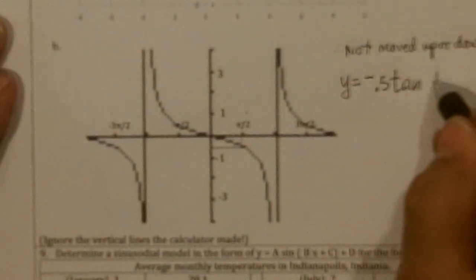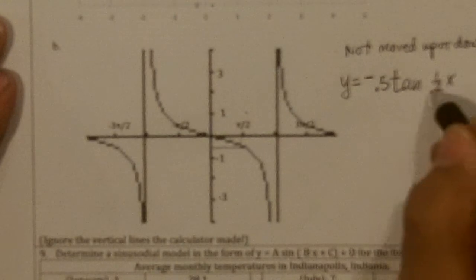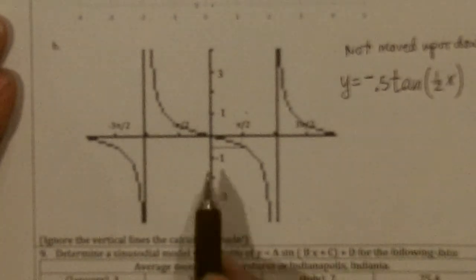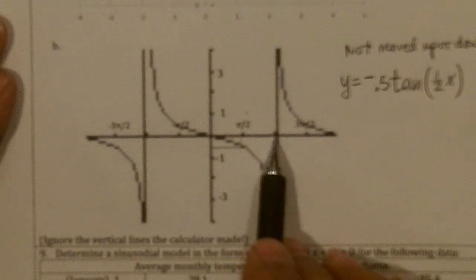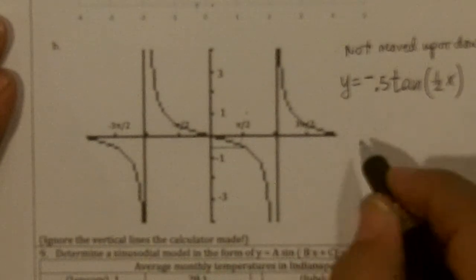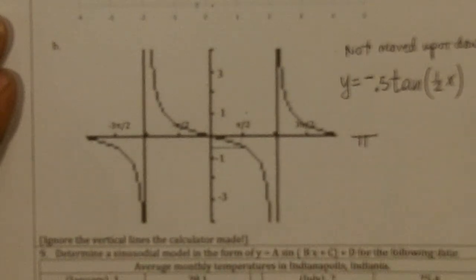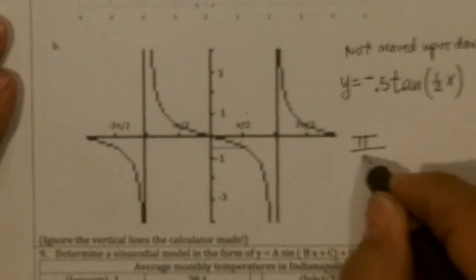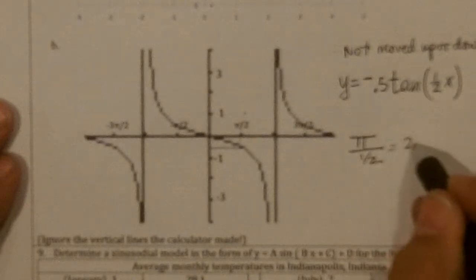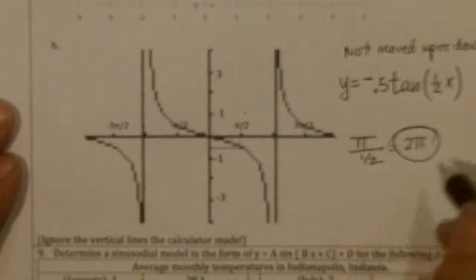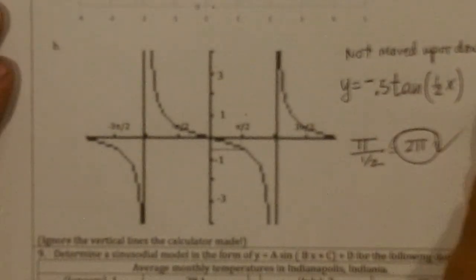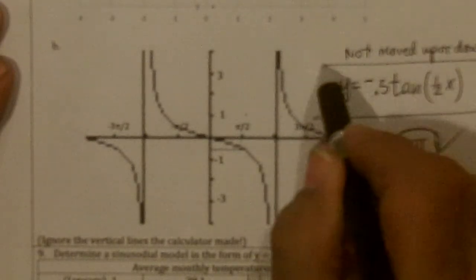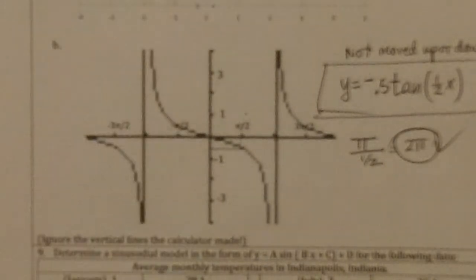So it's got to be 1/2 x to make the period be 2 pi. Now remember how you calculate that? You take the normal period, tangent's normal period is pi, and divide it by the coefficient, which is 1/2. And if you invert and multiply, you would get 2 pi, and so that checks. And it's not moved up and down, so it's plus 0 on that side. So there is the equation for this curve.